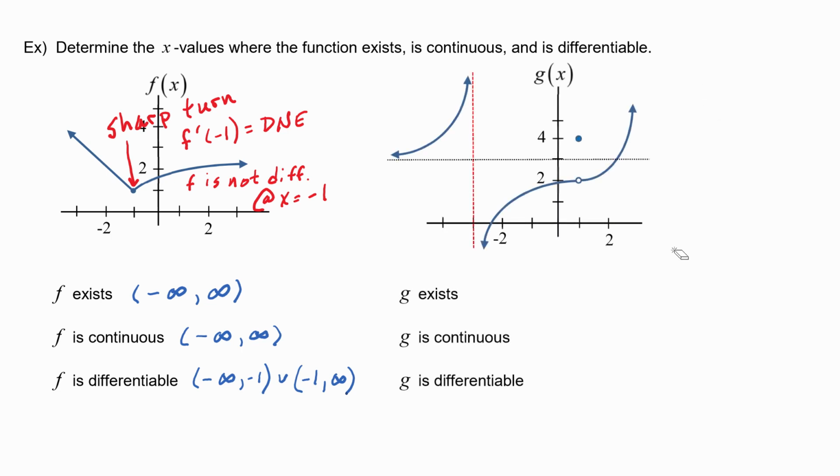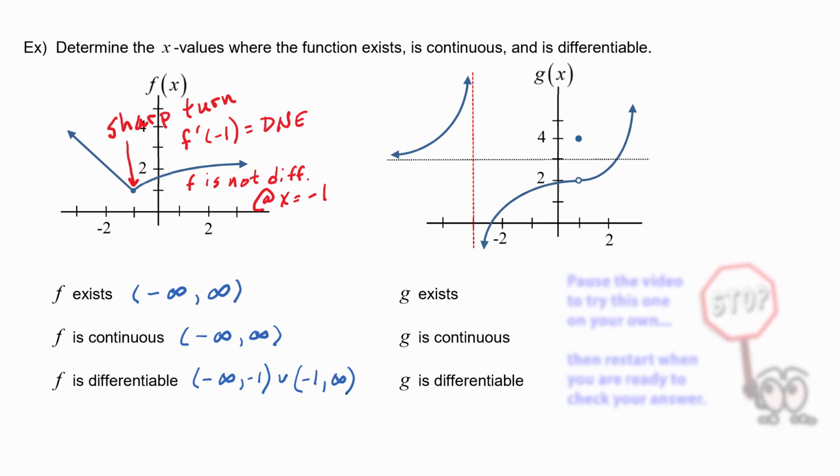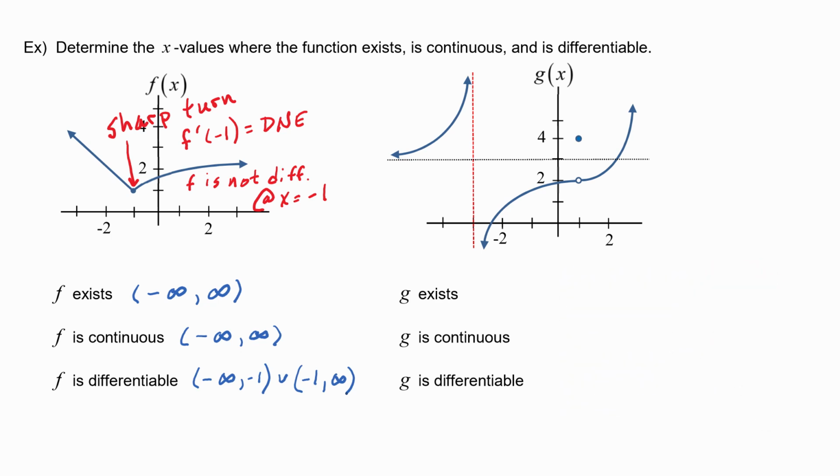Here we have the graph of g of x. So pause the video, try this one on your own, then restart when you're ready to check your answers. Now g exists everywhere that we can plug in an x value and it will result in a y value.